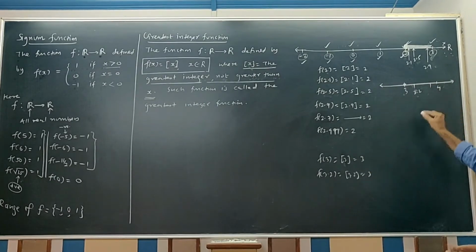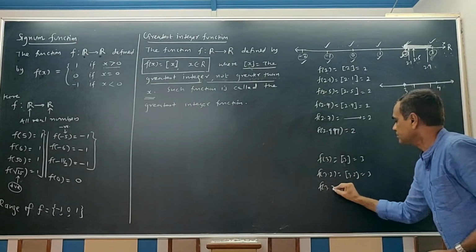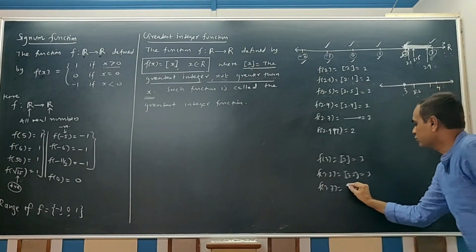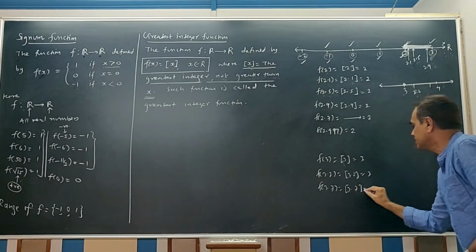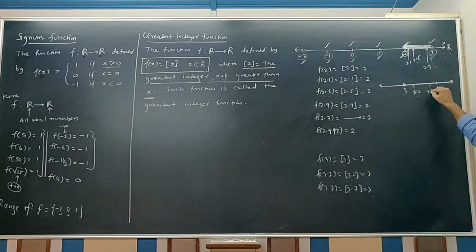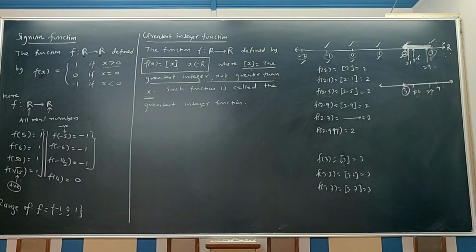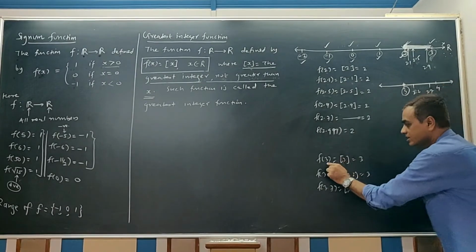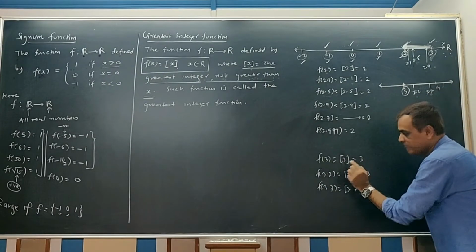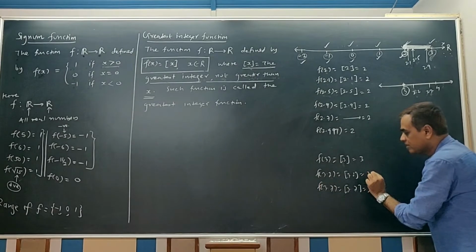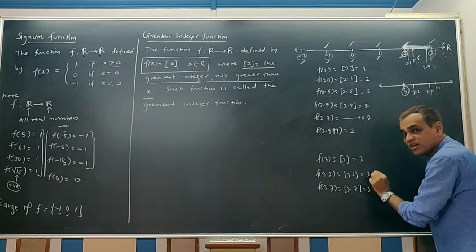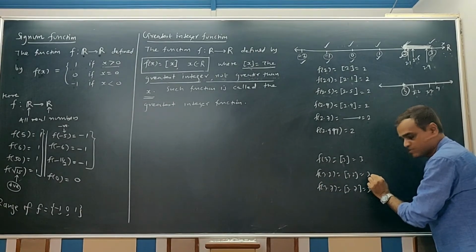If I take 3.7, the box value of 3.7 is 3. Here this is 3.7. The very first integer on the left side is 3. So when you take any number which is an integer, keep it as it is. If not an integer, take the first integer which is on the left side of that number.